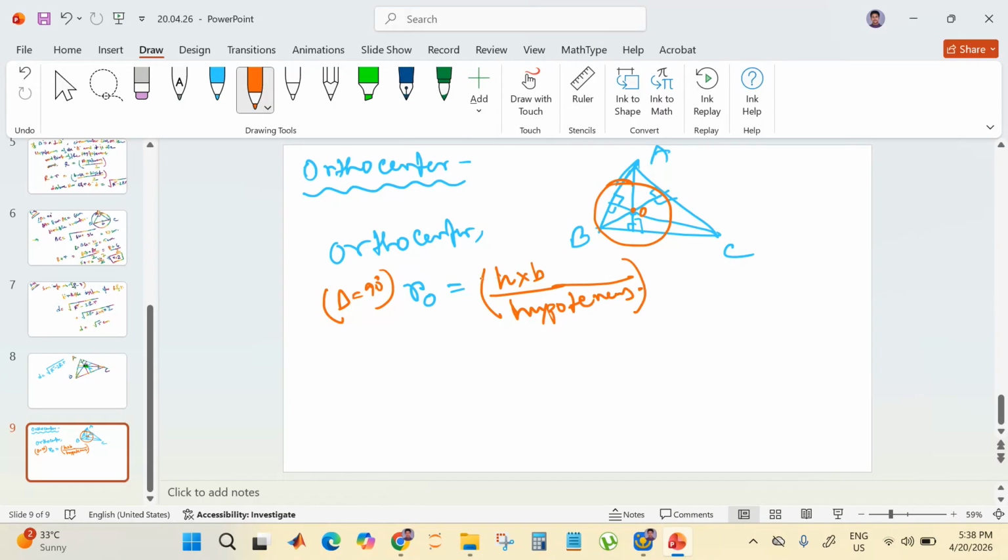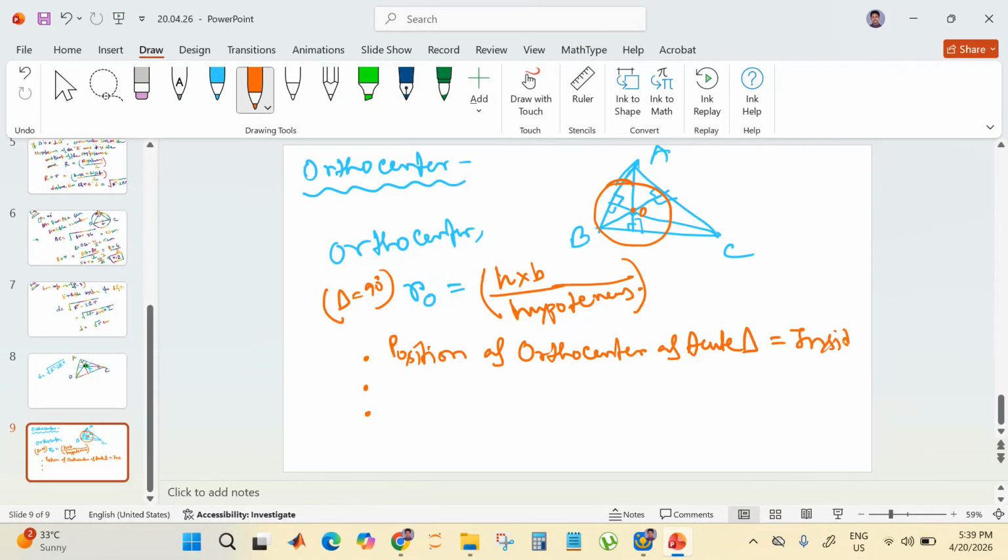So if it is a right angle triangle, just three pieces of information you have to know, that is the position of the orthocenter. Theoretical questions generally come from this. Position of orthocenter of an acute angle triangle, acute triangle, is inside.